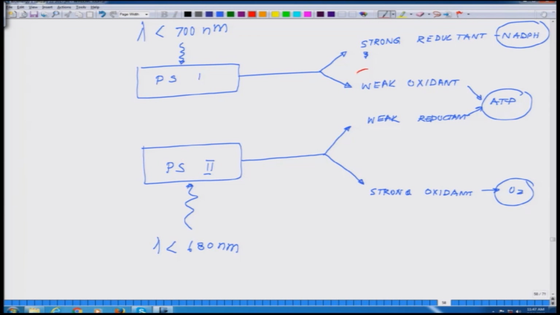So, the weak oxidant and weak reductant is ATP.